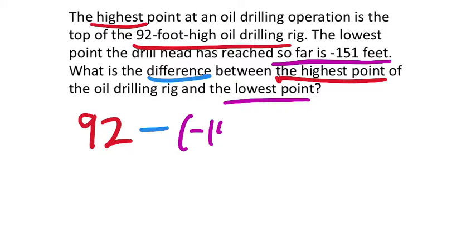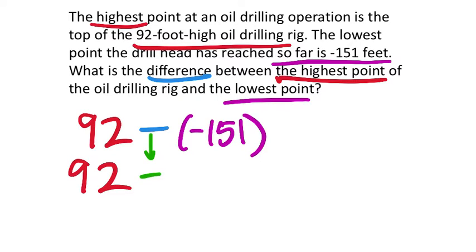So we're going to subtract the negative 151, which will be crucial, because if you just do straight subtraction on this one, you're going to get it incorrect. Here's why. When we use keep change on this one, we're going to keep the 92 positive. I'm going to change the operation from minus to plus, and then the 151, I'm going to change that as well into a positive 151.